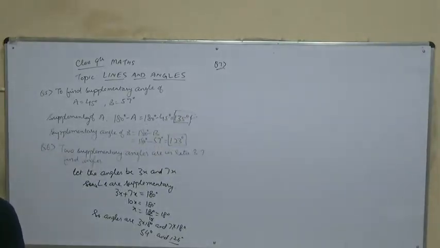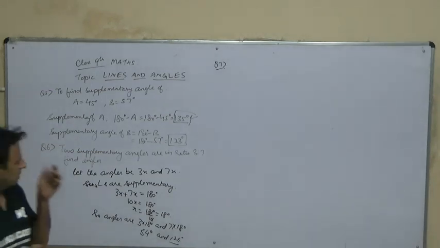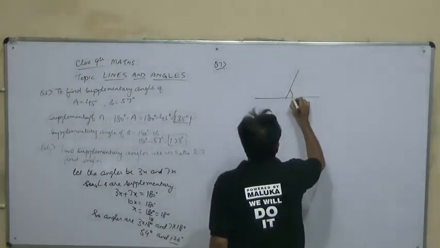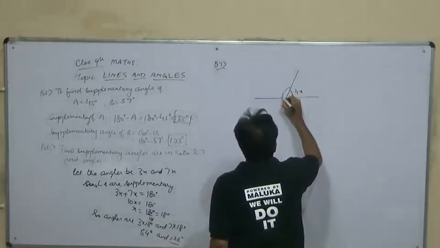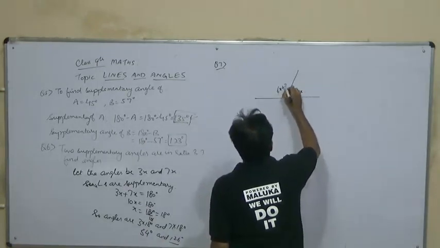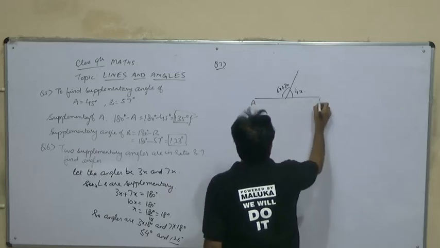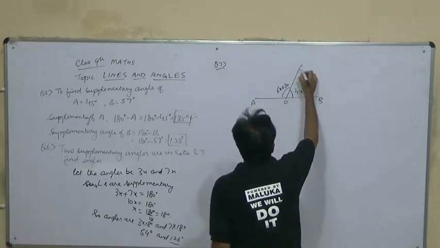What value of x would make AOB a line in the figure? So we are given this AOB, with angles 4x and 6x plus 30. This is OC.